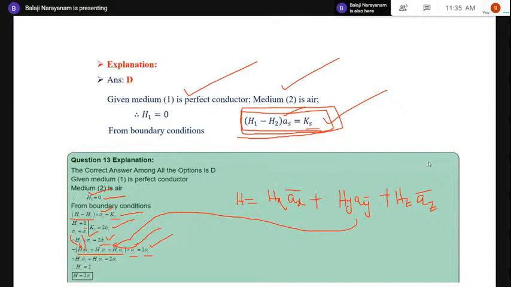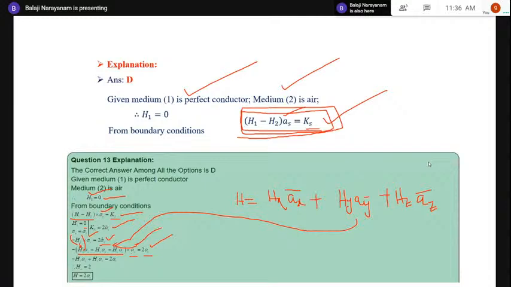So we are equating it to 2 Ax. When you cross product Ax bar with Ay bar, it follows the clockwise rule, and Ax bar cross Ay bar results in Az bar. Ay bar cross producted with Ay bar, again, A cross B, what is it?